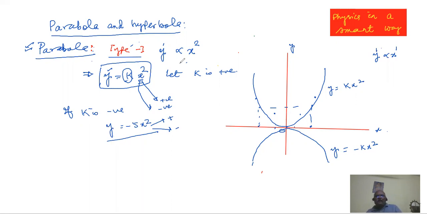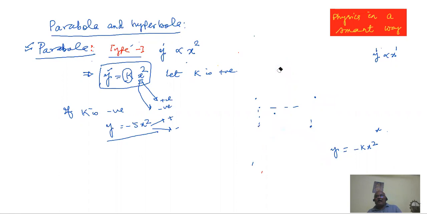Okay, now if you allow, we go to type 2, but before that I must clear up the entire space. The type 2 type of parabola will be just the other way around.